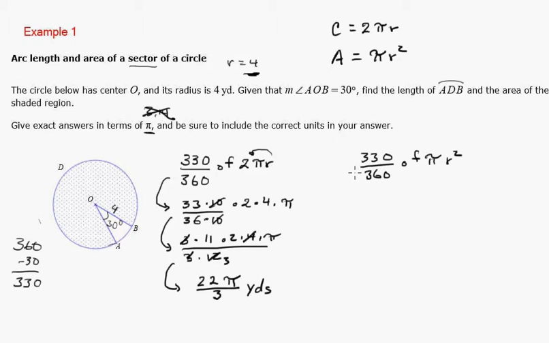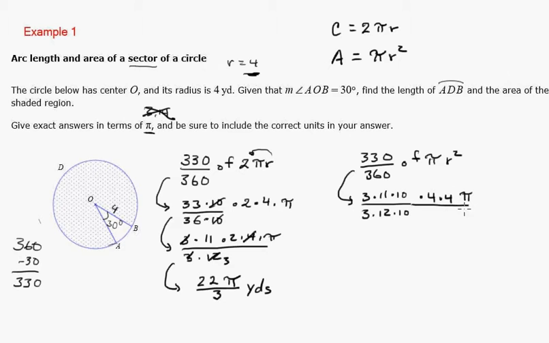This is going to be 3 times 11 times 10 over 3 times 12 times 10, and if we put 4 in, this is 4 squared. Then I put pi at the end.